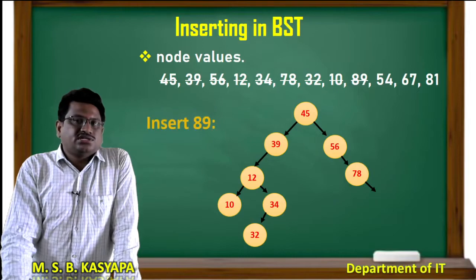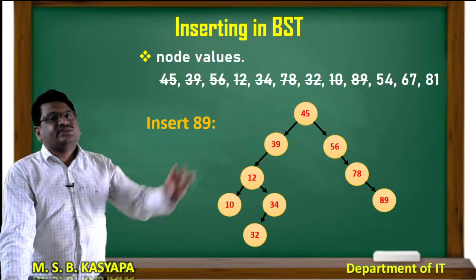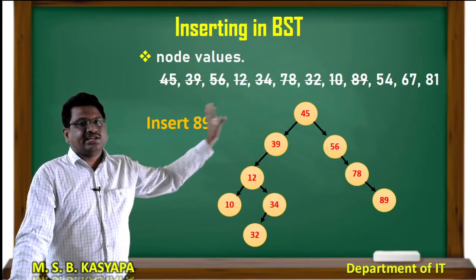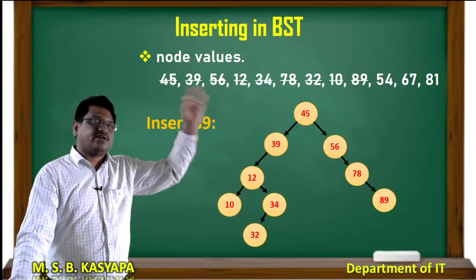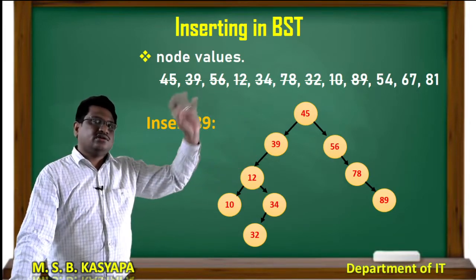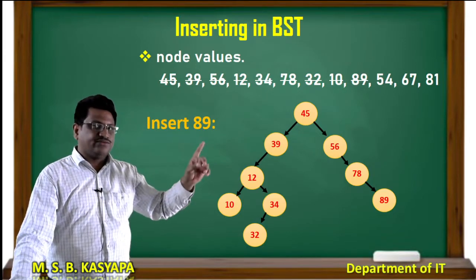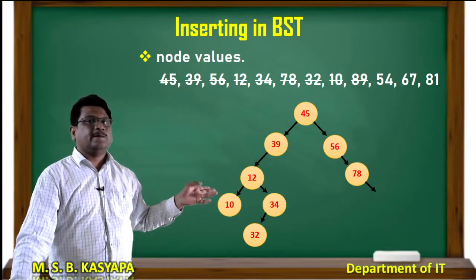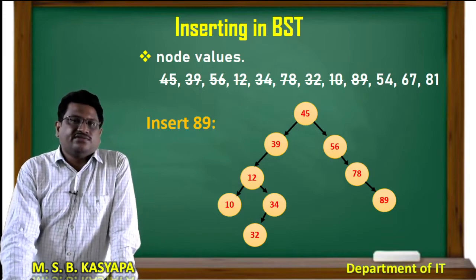First it checks with 45. 45 is less than 89, so that means the right side. Again 56 is less, so right side. 78 is also less, but 78 is a leaf node. Am I right? 78 is a leaf node, so I have to insert 89 as the right child of 78.